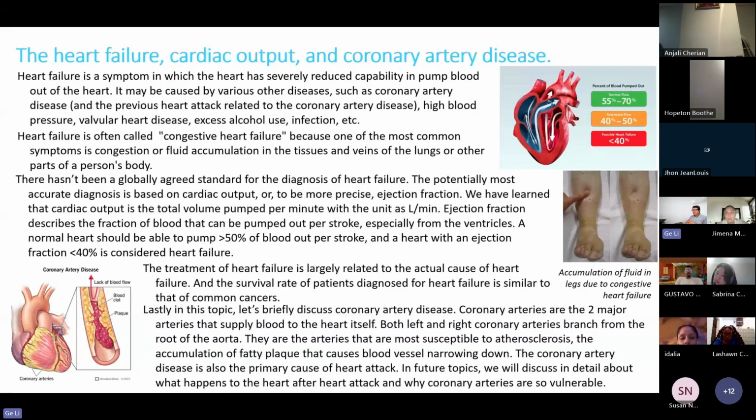This can no longer be compensated by the heart rate anymore. It's too low. Again, this is less than 40% ejection fraction. Where is it? Somewhere here.